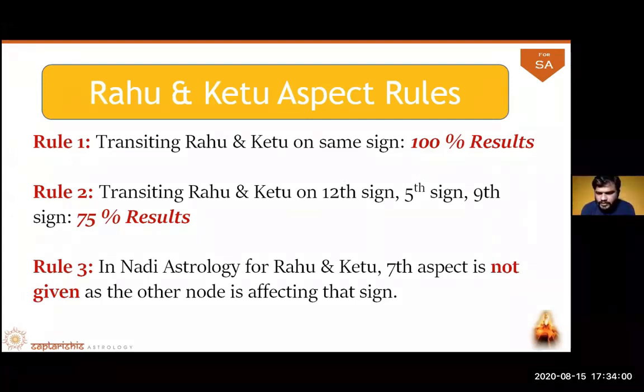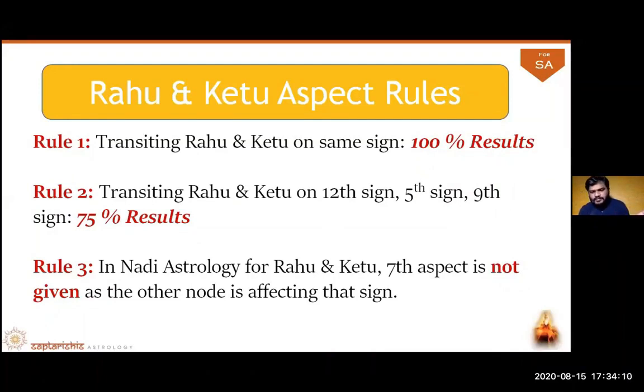See, apart from this, these three rules are very powerful while predicting. If you consider any other place, then we can predict about the result, but not very surely. So why is the 12th given so much importance? See, in Nadi astrology they consider the 12th as well as the second, both.